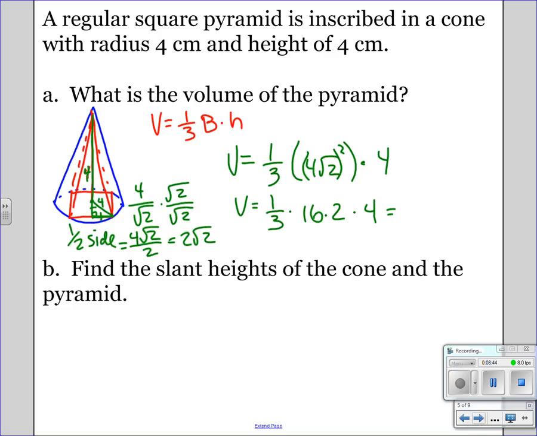So this is 128 over 3 cubic centimeters. Now find the slant heights of both the cone and the pyramid.